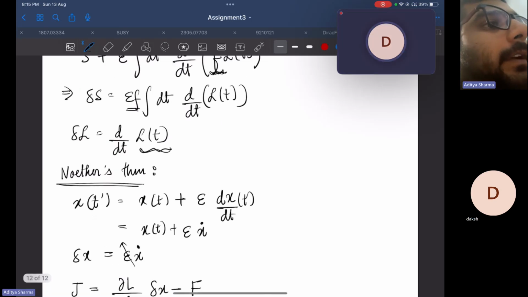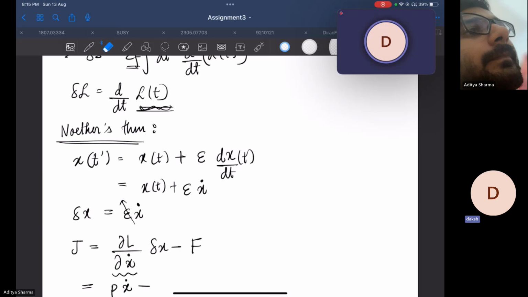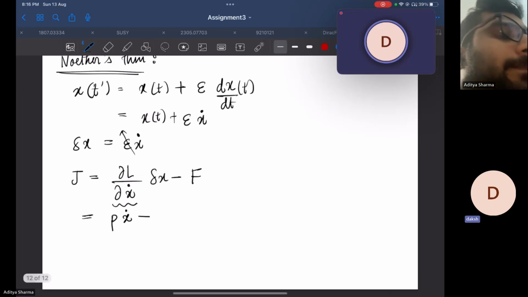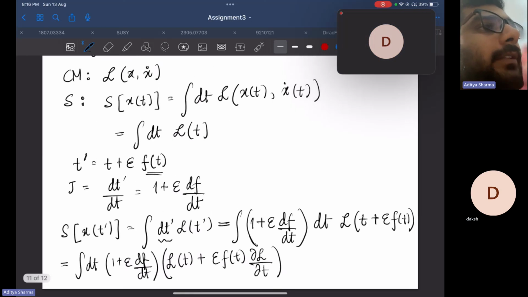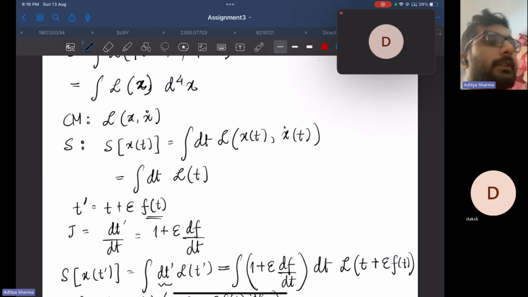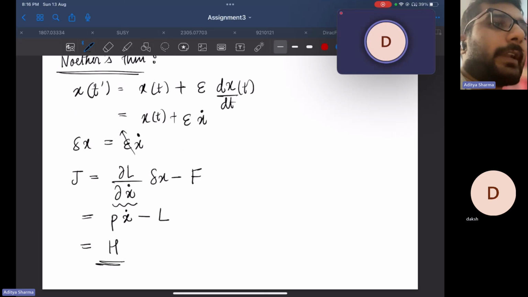And f in our case is L, because delta L is d/dt of L. What is this thing? Hamiltonian. So what I wanted to say here was that in classical mechanics, when you do the time translation, the Hamiltonian is the conserved quantity. That is what I proved right now.